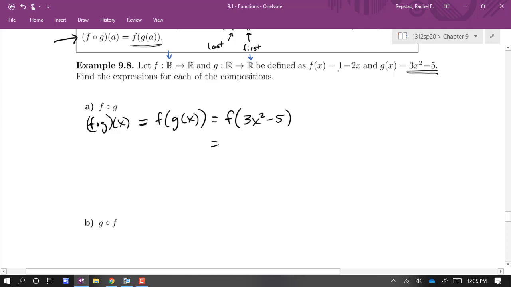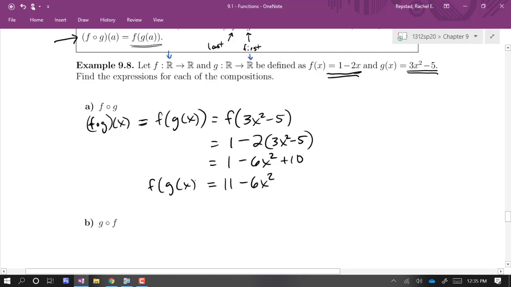I'm going to take the f function, 1 minus 2x, and I'm going to plug in 3x squared minus 5. I'll do some algebra, distribute that -2, and we get 11 minus 6x squared. So this is f of g of x. That's the composition function.